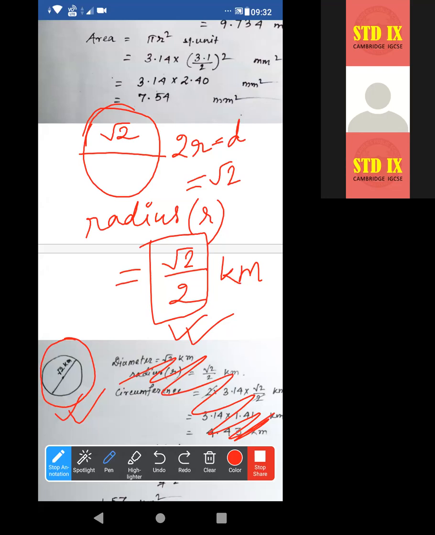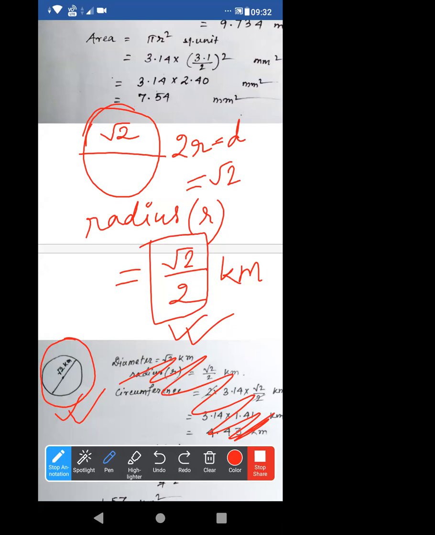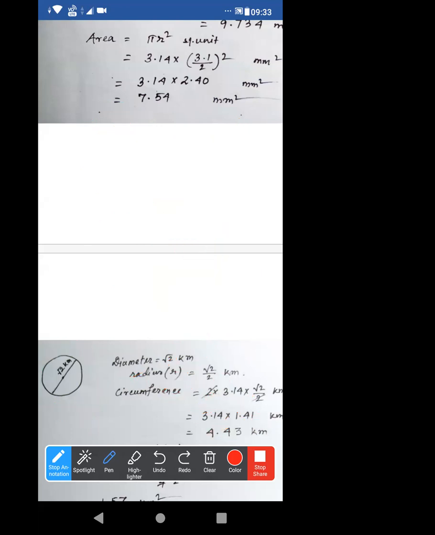Achha, now just look. Divided by 2, no need to. You can't cut these 2 and these 2 because it is √2. Understood? So basically, first, diameter, all of you start to solve. Diameter is equal to √2 kilometer.